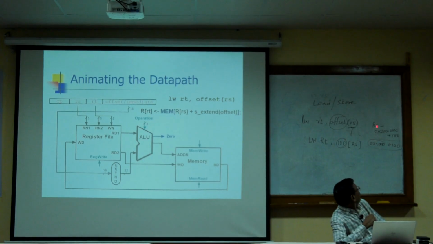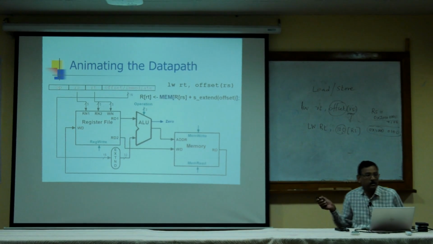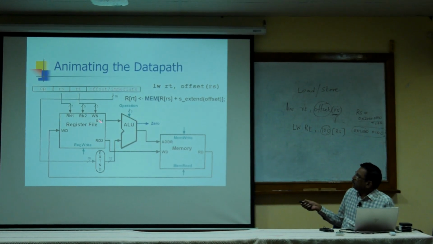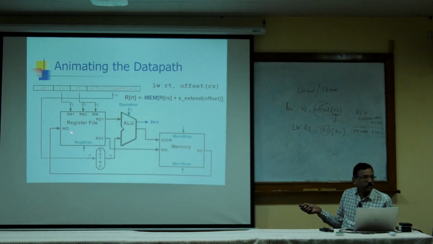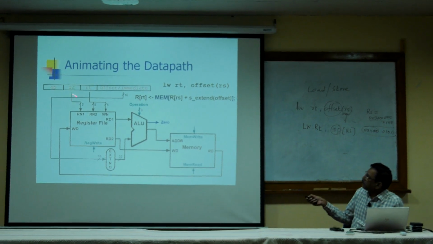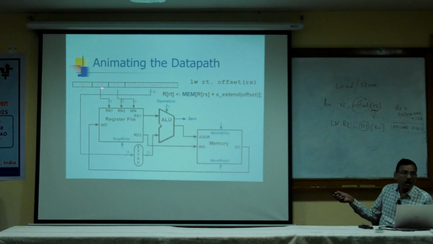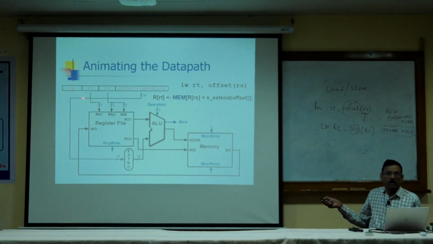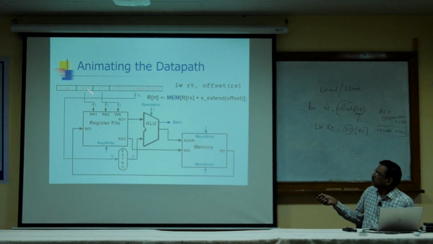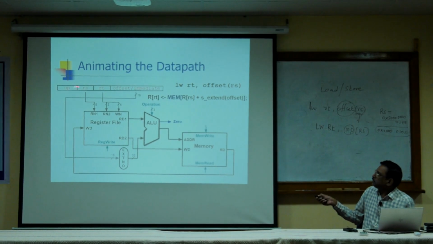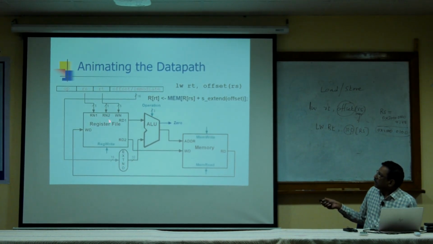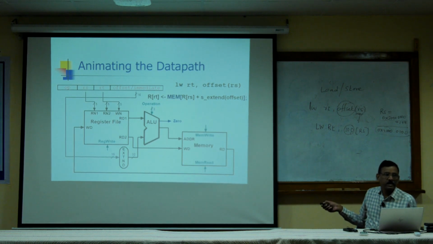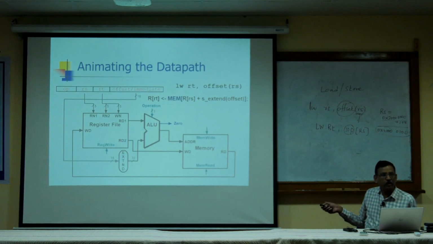And this is the base address. Say 2000, the address I am reading, that is the base address. That address I am going to read from the RS register, and the RS register address is indicated by this RS field. The RS field of the instruction template will indicate the base register address, that is only the base register address.